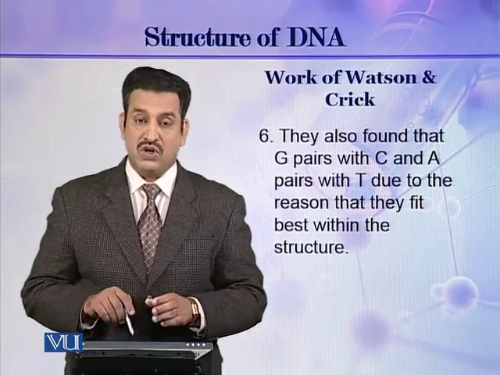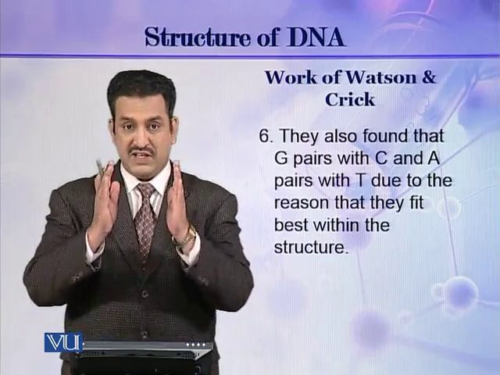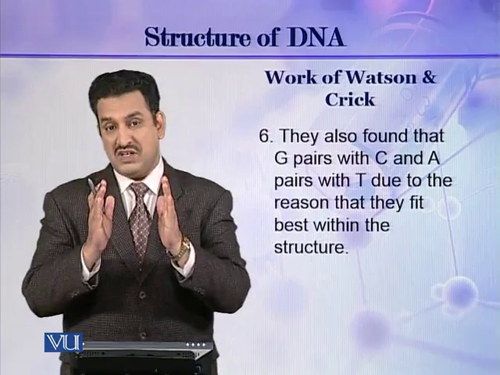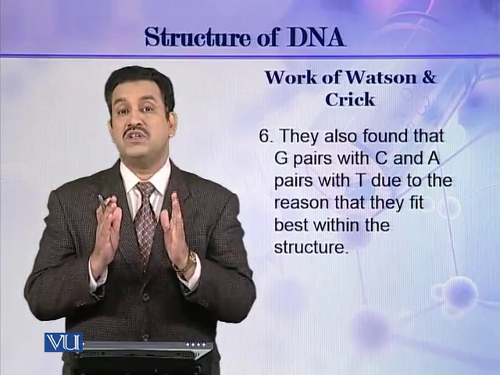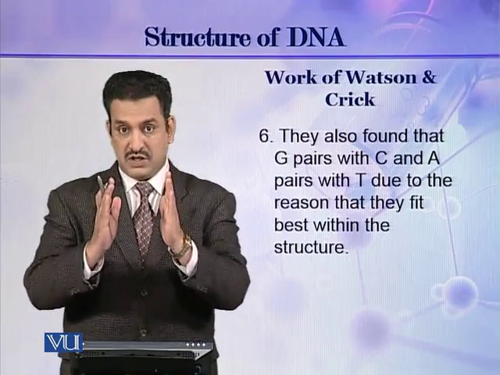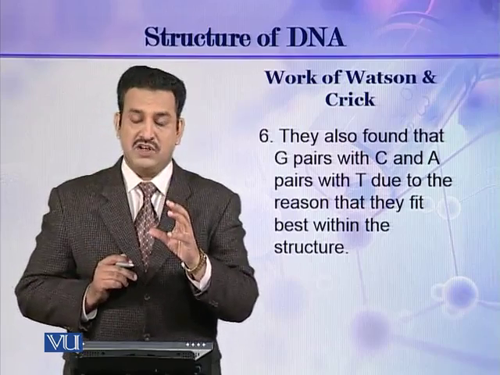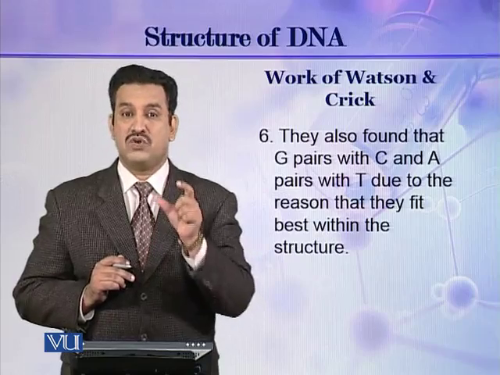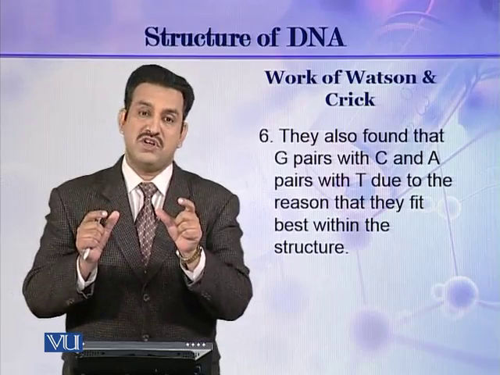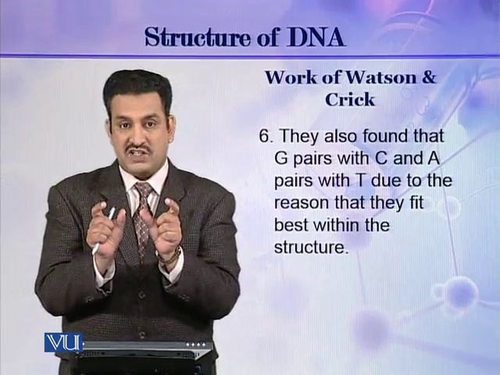Why? Because in a uniform helix, if A joins with T and G joins with C, they best fit in this helix. Adenine is a purine, which is of larger size, and thymine is a pyrimidine, which is of smaller size.